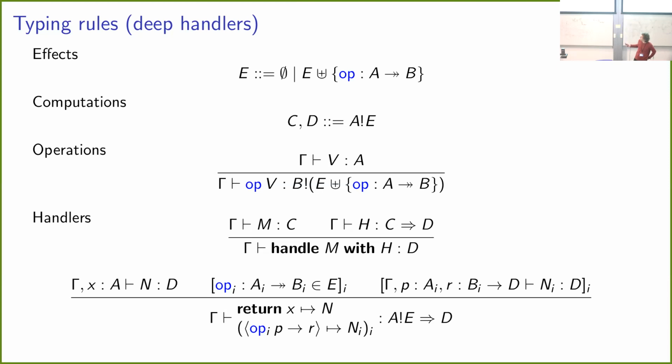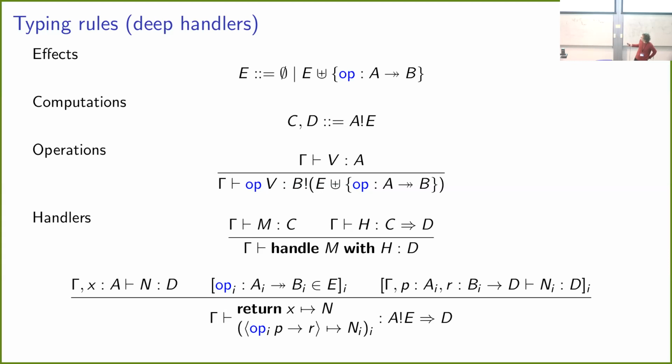The return type has to correspond to the return type of the operation, and the effect has to allow that operation to be performed. Handlers are like a funny kind of application on computations. And then this is the rule that does all the work.